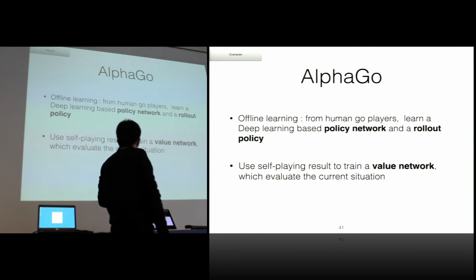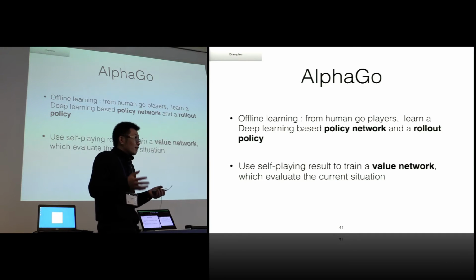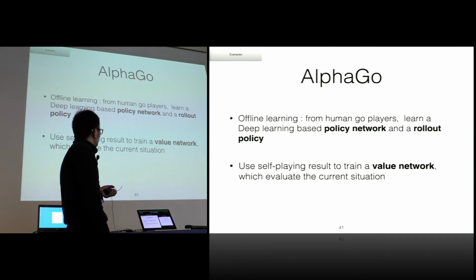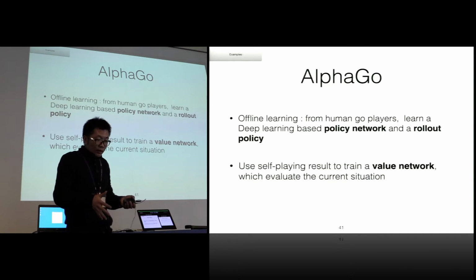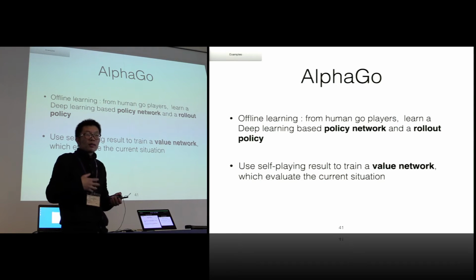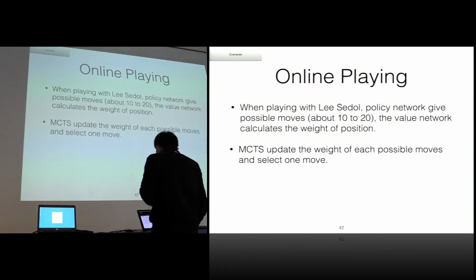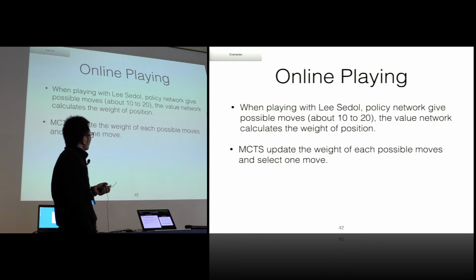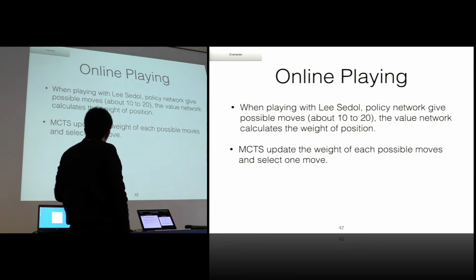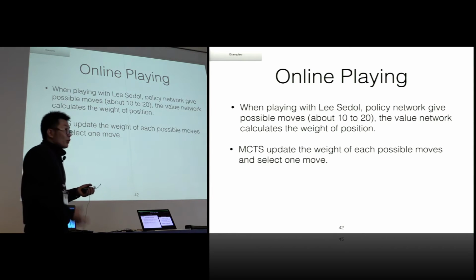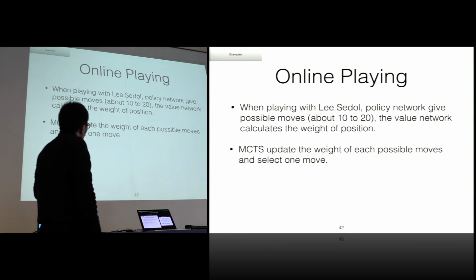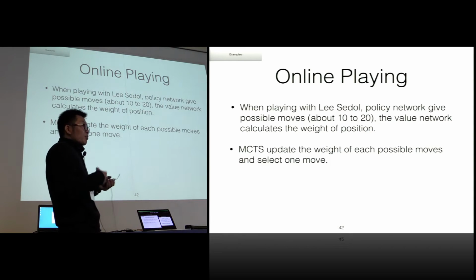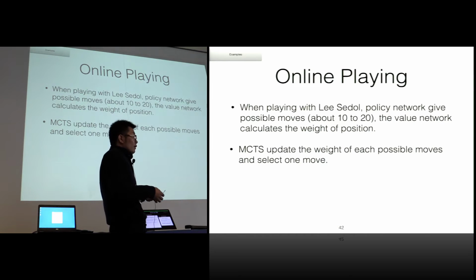And it also plays with itself, and it trains a value network. A value network is like a human: it can evaluate, in the current situation, what's the probability that I'm going to win. So combined with this, when it plays with Lee Sedol online, the policy network, as I mentioned, gives you suggestions of possible moves, and the value network assigns each position some weights.